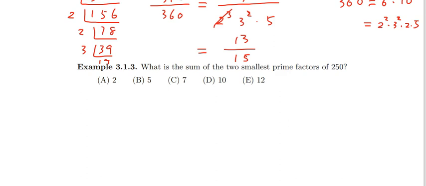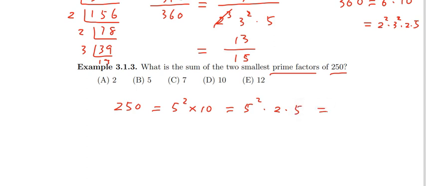Okay, for this problem, we say 250. They have many factors, so we check the prime factors. At the first level, 250 can be written as 25 times 10, right? 25 times 10, and 10 can also be factored as 2 times 5.